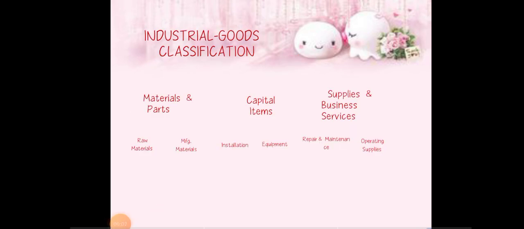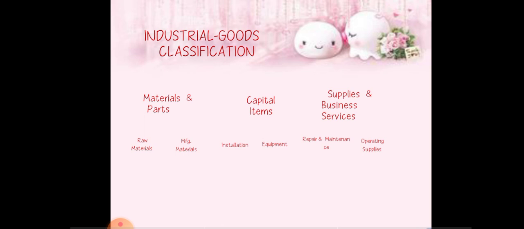Okay, let's go to industrial goods classification. There are three major classifications of industrial goods. The classification of industrial products is necessary because it helps decision making for the organization.